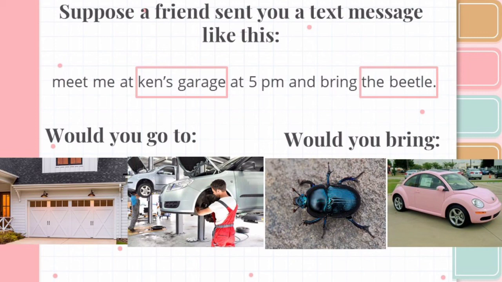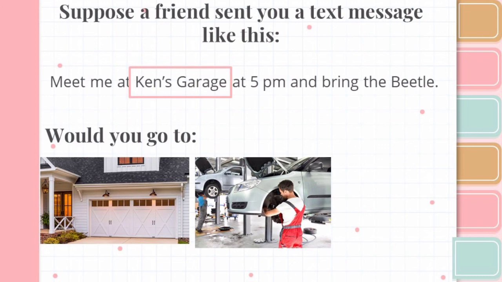Would you go to a garage, which means a part of a house, or a garage, which means a place for repairing a car? And what would the word beetle mean? Is it a bug or a car?